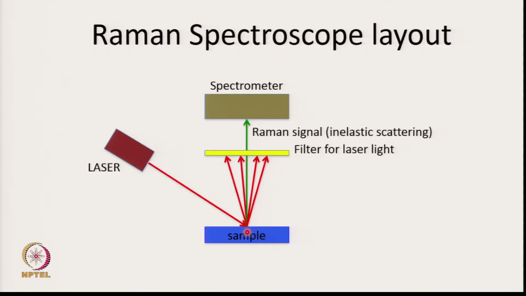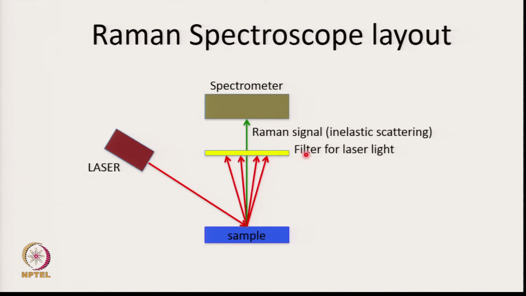So, this sample will actually scatter both kinds of wavelengths, one which is of the laser itself, which is shown in red here. These are elastic scatterings, or it can also scatter part of it. I have shown only one light coming, although there will be many such lights coming, which will be inelastic scattering, and that is the Raman signal actually which we are looking for.